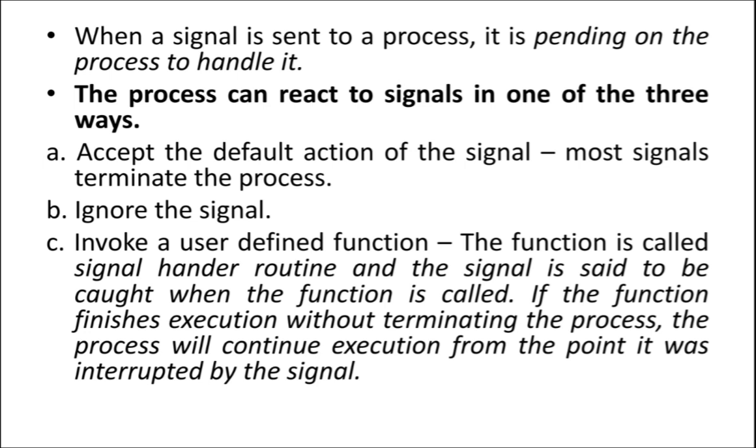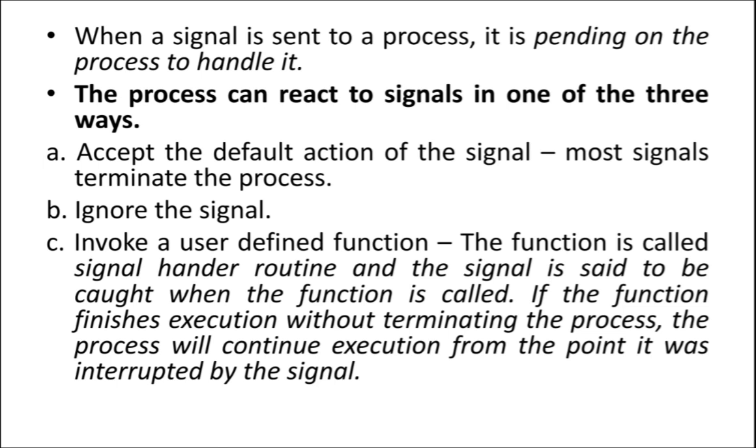Second choice, it won't take any default action, it will just ignore the signal. The process can do that. That is the second way. And what is the third way? Invoke a user defined function. The process can invoke a user defined function. The function is called the signal handler routine, and the signal is set to be caught, where the function is called.